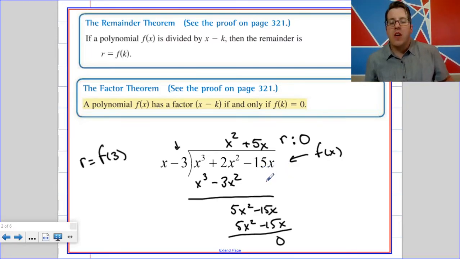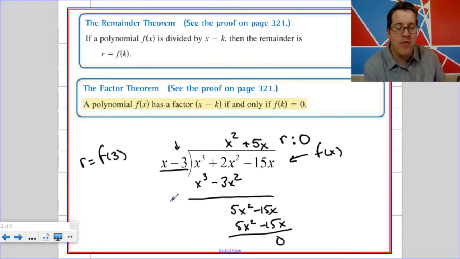Now, because I have no remainder, I've divided out evenly, then this other theorem, the factor theorem, tells me that this is a factor of the original function or dividend, if that's how you want to think about it.